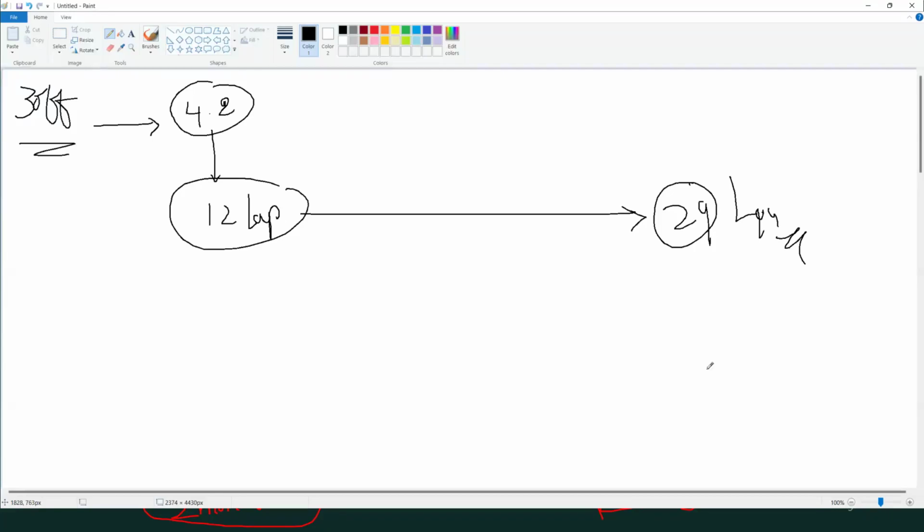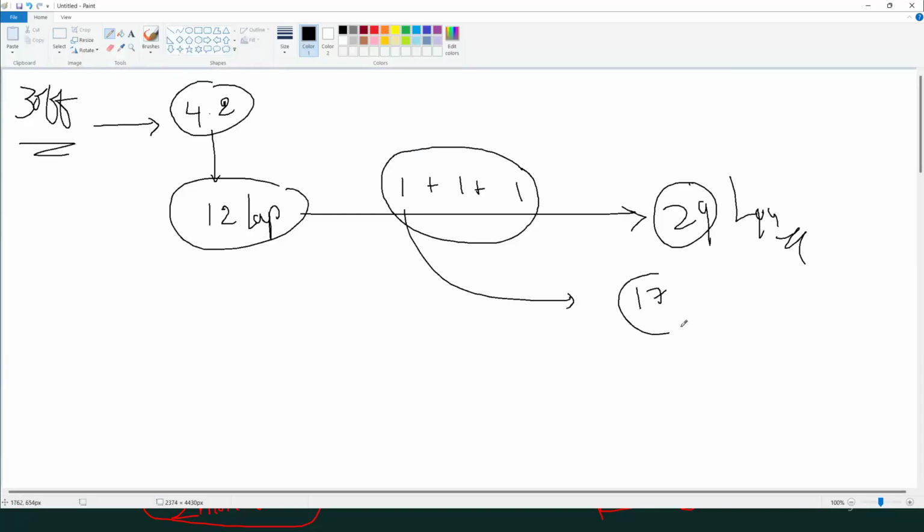The package always depends on your current package and the number of offer letters. He got 1 plus 1 plus 1, so 3 offer letters. That's the reason he reached 29. If he had gotten only the first offer, you might be getting only 16 or 17. After that again you go for 22, and from there to 20-something; you have to plan like that.